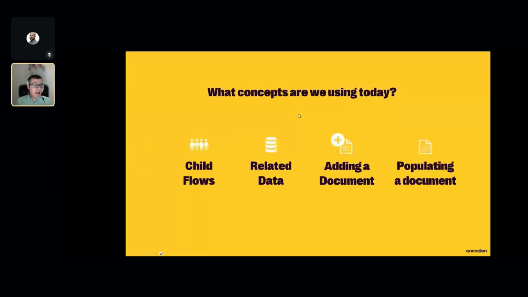So we know what technological elements we're going to use, but what concepts are we going to use? Well, we're going to use these 4 key concepts here. The first one is the principle of child flows. What this allows you to do is encapsulate your data and the way in which your flow runs in a flow, which is a workflow inside of Power Automate that can be called by another flow.